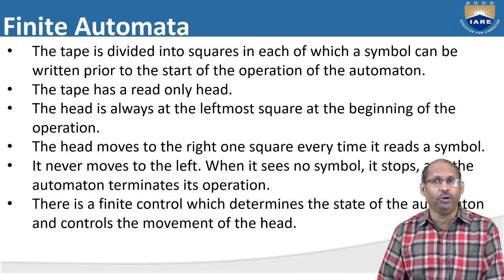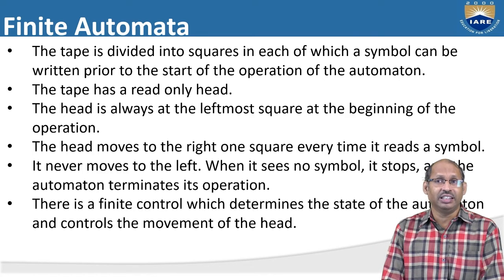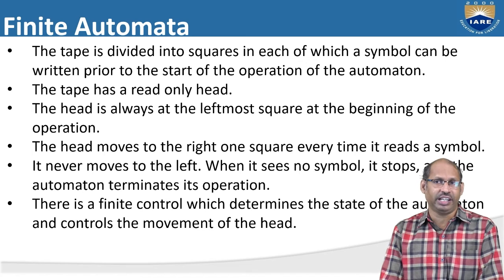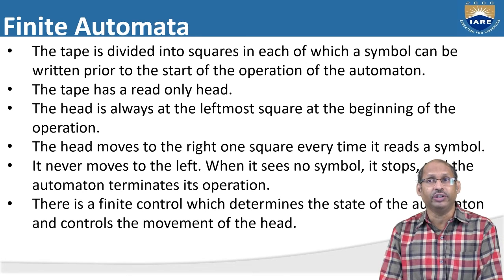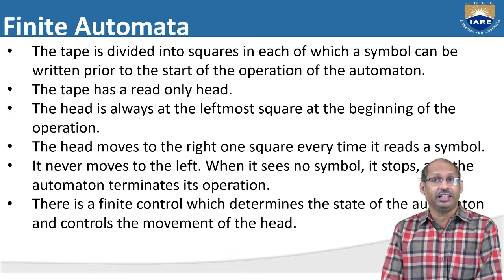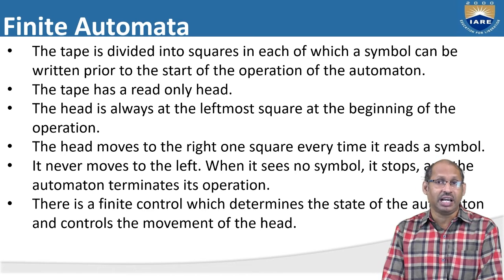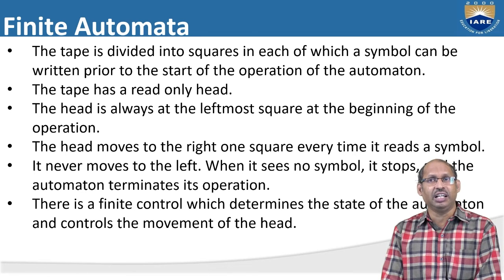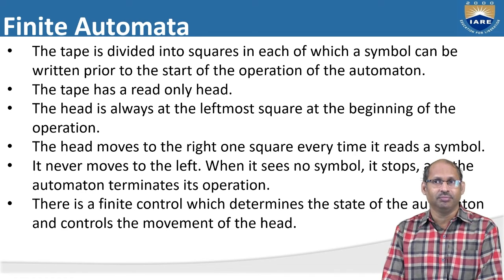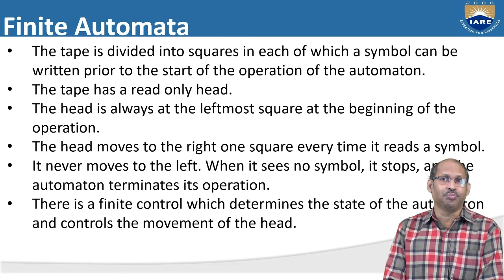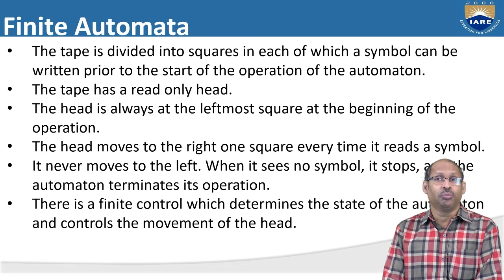So the input tape holds the input data, with the characters written on the tape. The tape reader initially points to the leftmost symbol and reads the input symbols one by one. After reading each symbol, the finite control moves from one state to another.